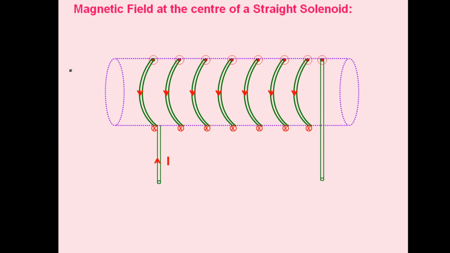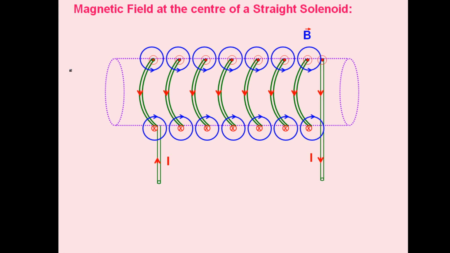Now here we have taken a portion of the solenoid as a closed loop, so that we can apply Ampere's circuital law. We assume the direction of the closed path to be anti-clockwise: P to Q, then Q to R, then R to S, and S to P.